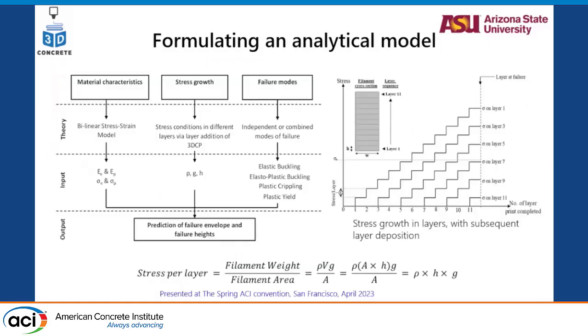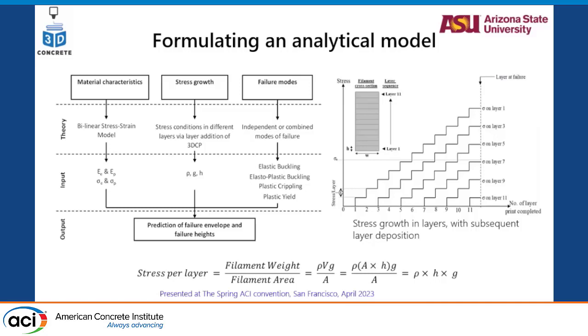So what we initially did was cast some big cylinders with proper casting, and we tested them under uniaxial loading, and we saw that there was an elastic portion to the fresh green concrete. Based on that, since there was no model developed before that considered both elasticity and plasticity of the concrete, we had to develop a theoretical model and verify it experimentally.